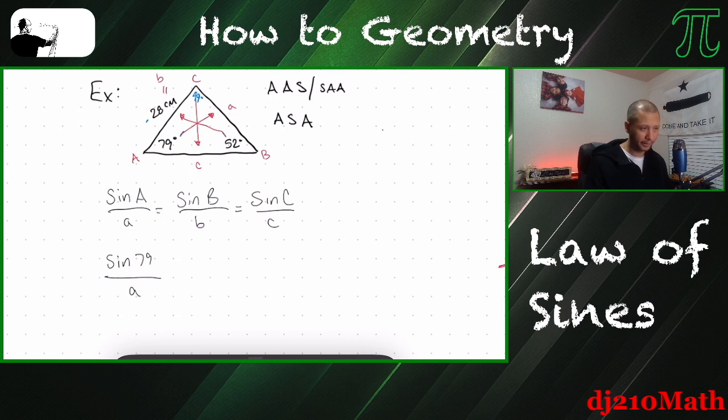Because we don't know what little a is at the moment. Sine of big B is 52, over little b, which is 28. And then sine C being 49 degrees, and little c across from it, we don't know.